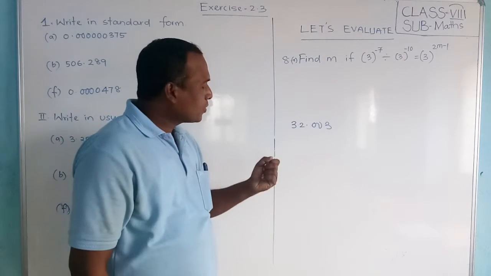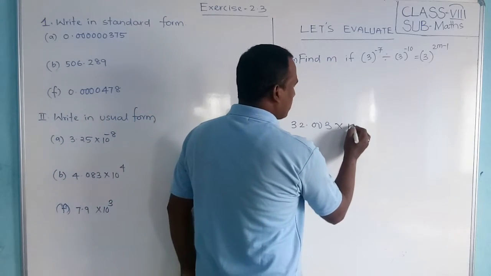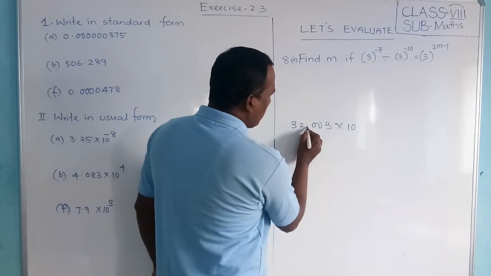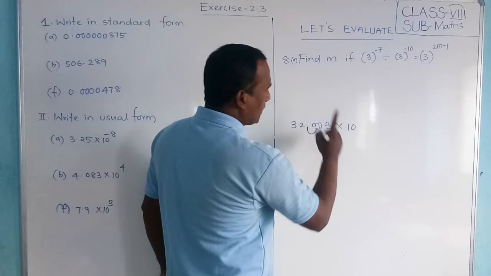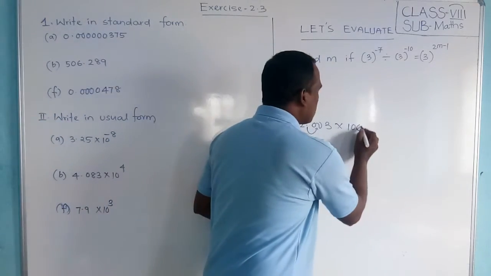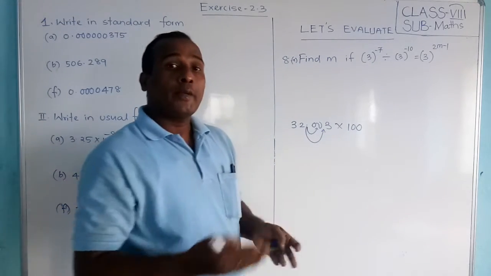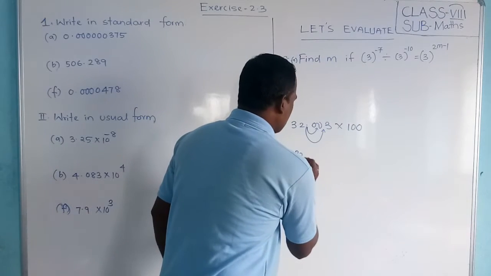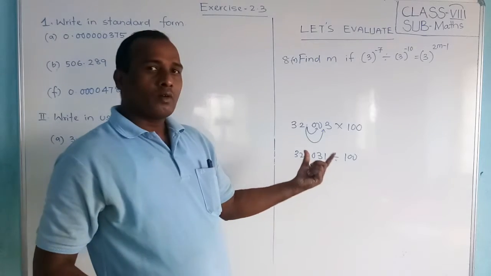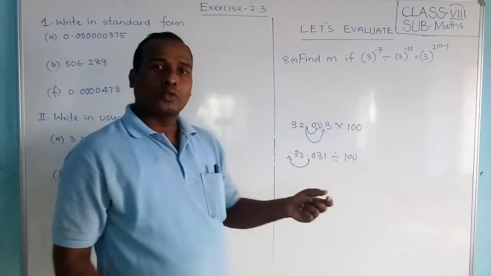Whenever this decimal number is multiplied by, suppose, 10, the decimal point goes to the right side by one place. If we multiply with 100, it will go two places to the right side. Suppose we divide by 100, then the decimal will come to the left side, two places.